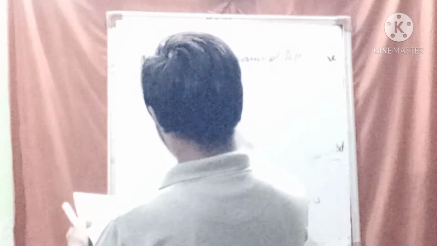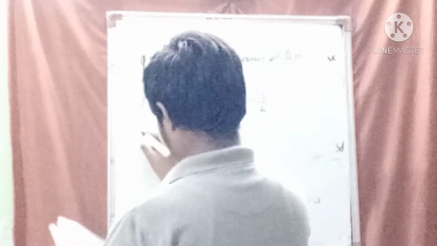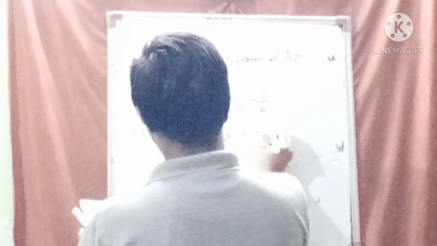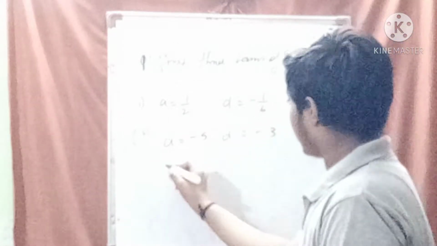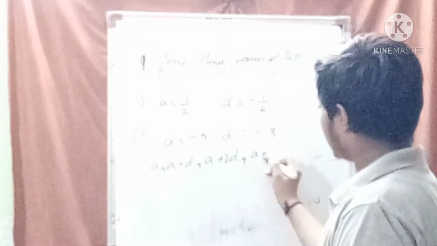In the first case, the first term A is equal to 1 by 2 and D is equal to minus 1 by 6, and in the second case, A is equal to minus 5 and D is equal to minus 3. The same rule, the same concept. For a 4 term AP, it is A, A plus D, A plus 2D, and A plus 3D.